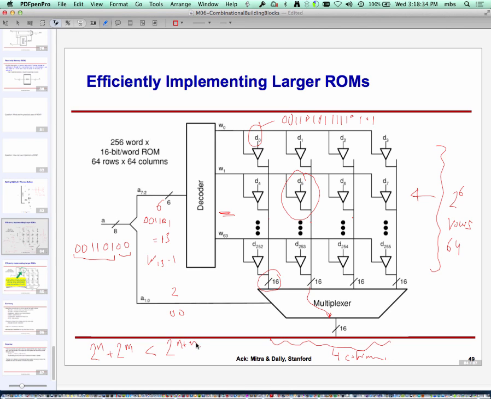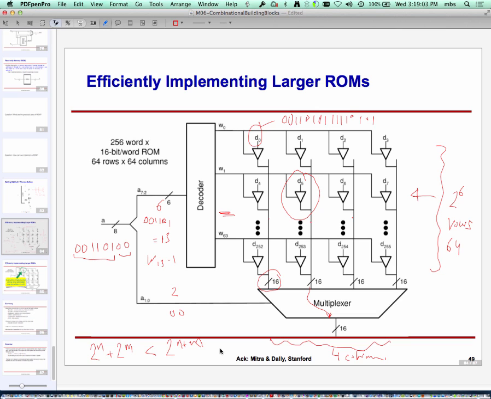Do you agree with that? If I have n plus m address bits and divide them into n and m, then in one case I have 2 to the power n rows and 2 to the power m columns. In the other case, I have 2 to the power n plus m rows. And generally speaking, 2 to the power n plus m is much, much larger than 2 to the power n plus 2 to the power m.